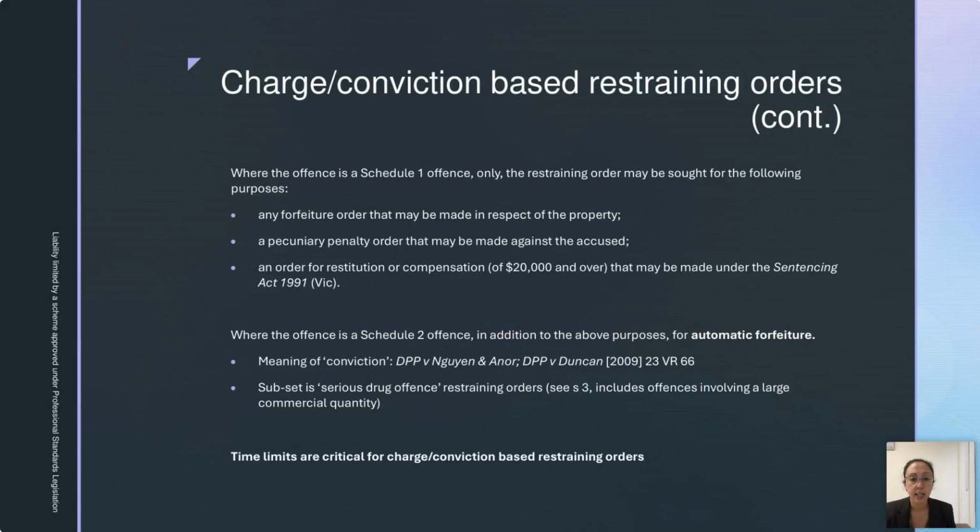Then we've got Schedule 2 offences, which are the offences that trigger the purpose of automatic forfeiture. And I've just set out there a reminder to be aware of the meaning of conviction, because it is upon conviction that the time for automatic forfeiture starts running, subject to some certain conditions.